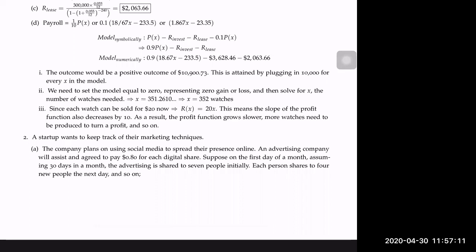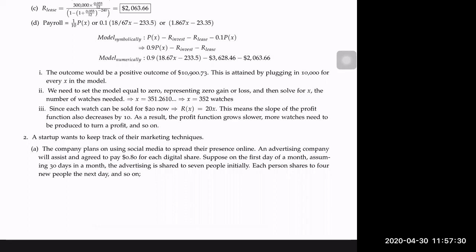Wait, what? Sorry, hold on. I realize that I'm looking at a typo right now. Give me 1 second. I was looking at the question.